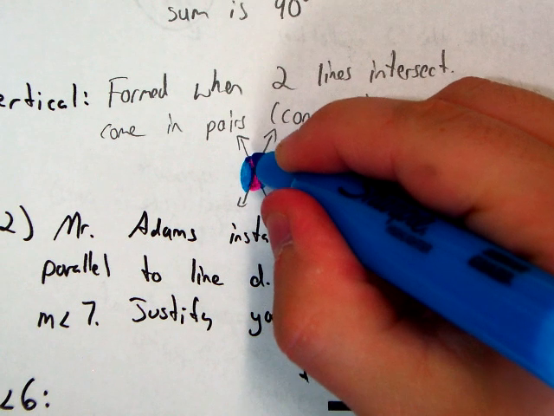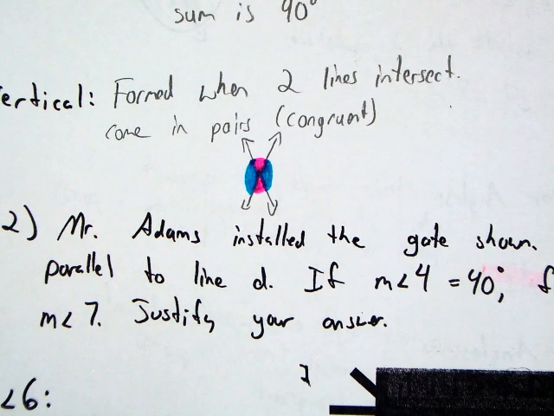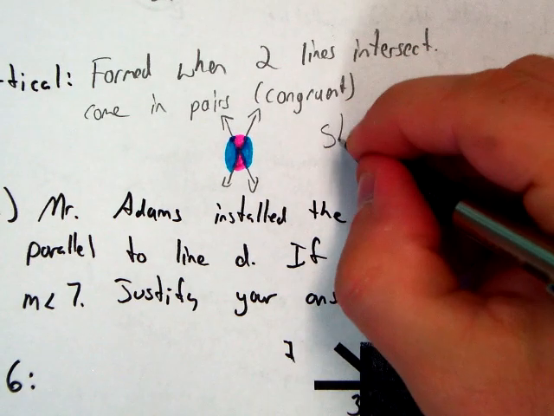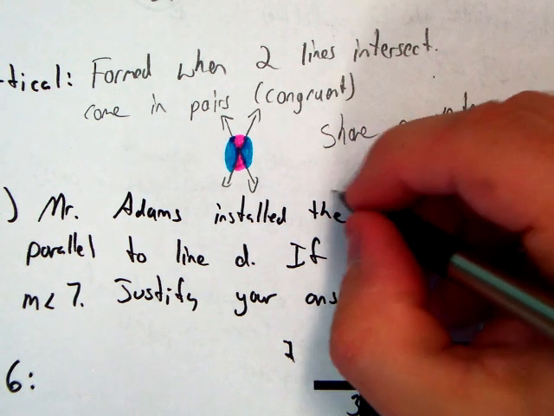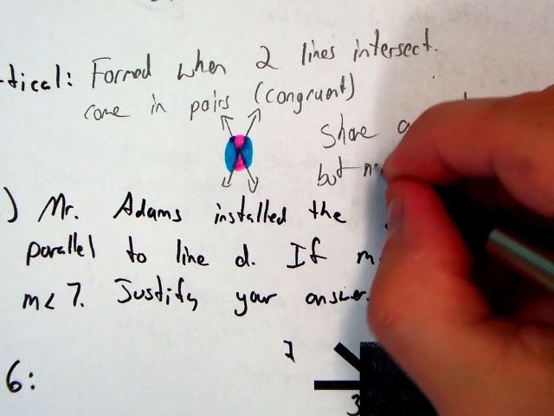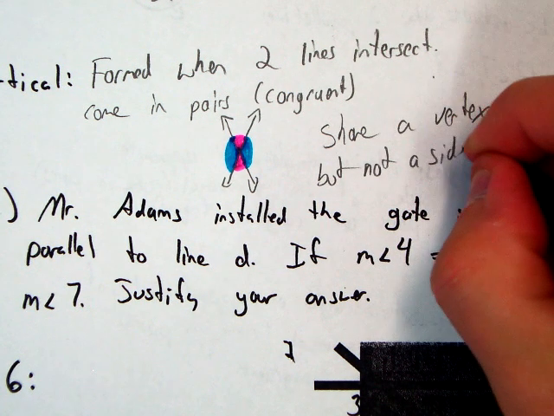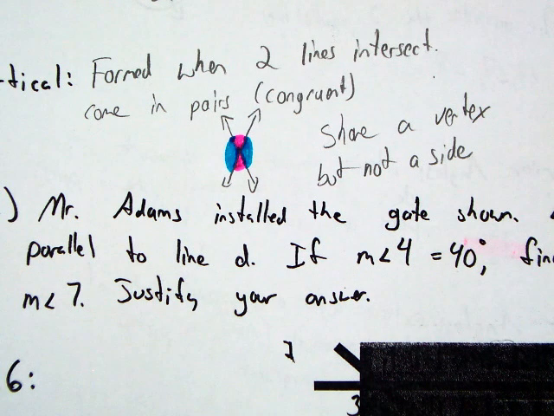And then the blue are another pair of vertical angles. So they share a vertex, but not a side. If they did share a side, they would be adjacent angles. So they share a vertex, but they do not share a side.